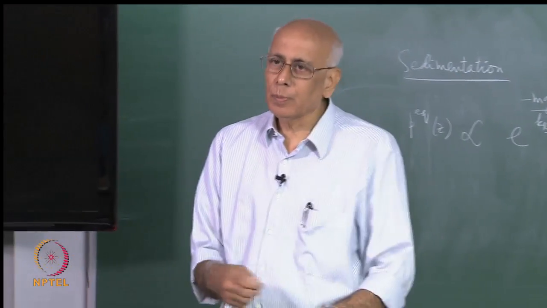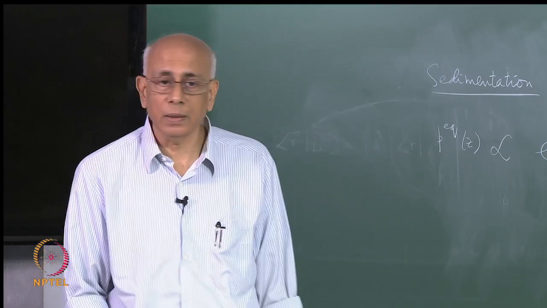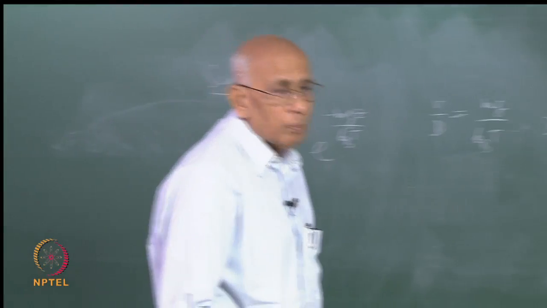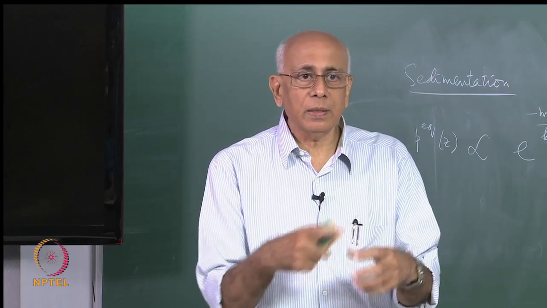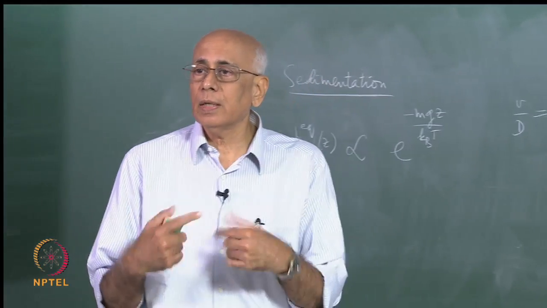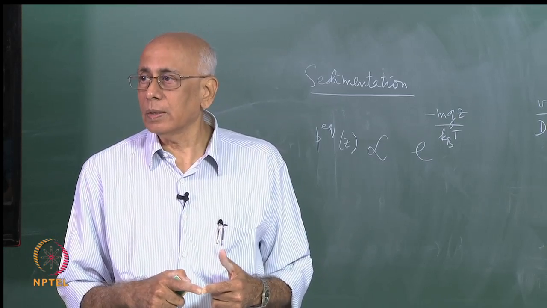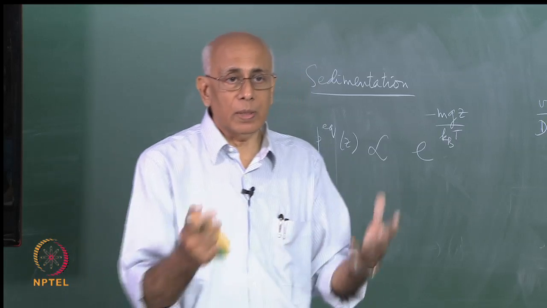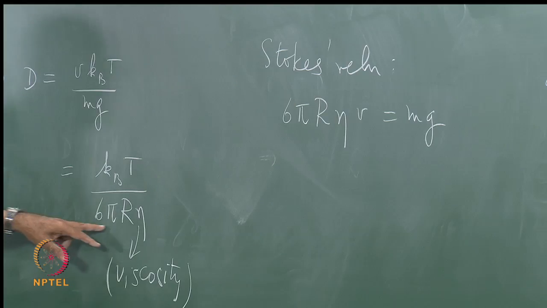The 6 pi comes because you assumed spherical particles and you assumed some specific boundary conditions, right. You assumed stick boundary conditions. In other words, you assume that here is this object of radius r moving in this viscous fluid, and the velocity of the fluid at the surface is 0. That is called a stick boundary condition. If you change that to a slip boundary condition, saying that it is not 0, it perfectly slips by, then this becomes a 4 pi.